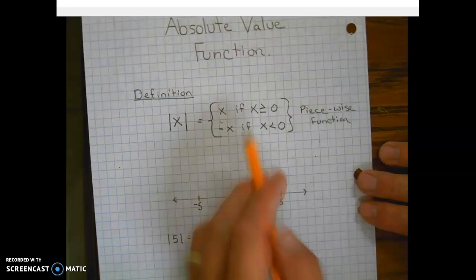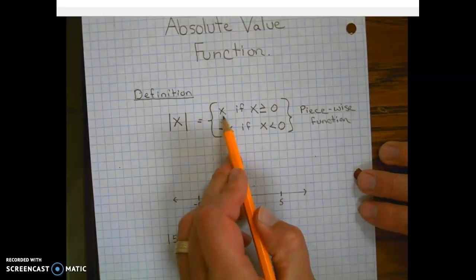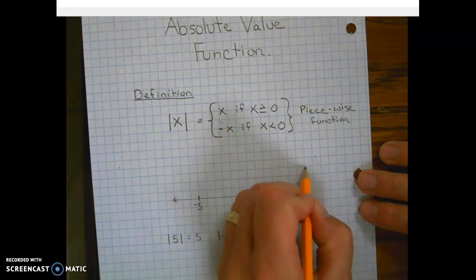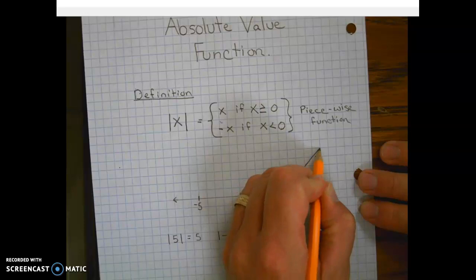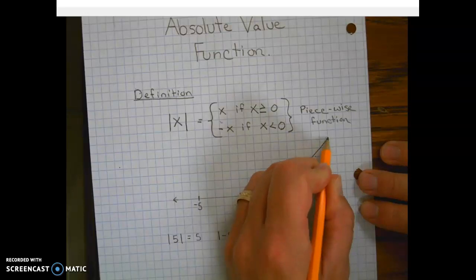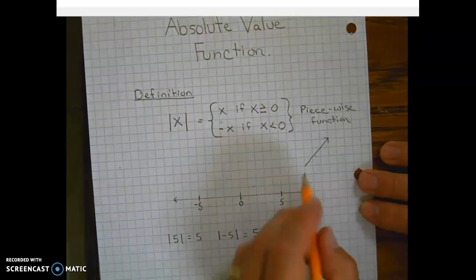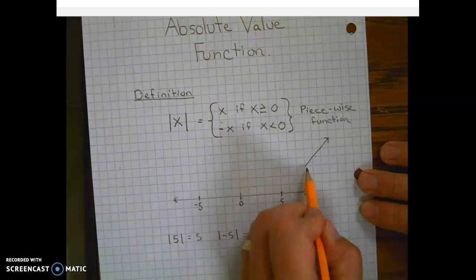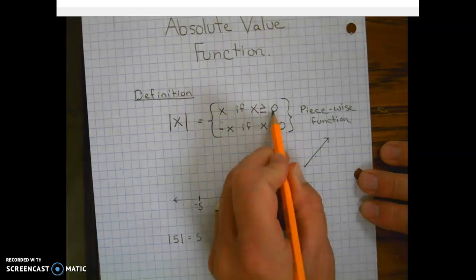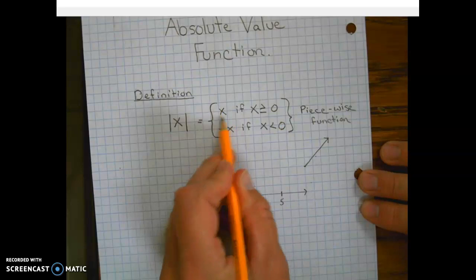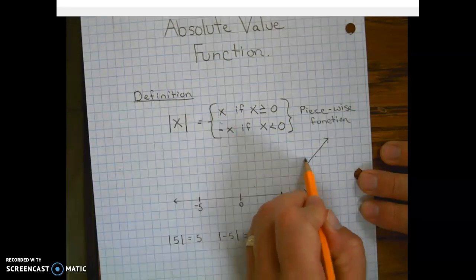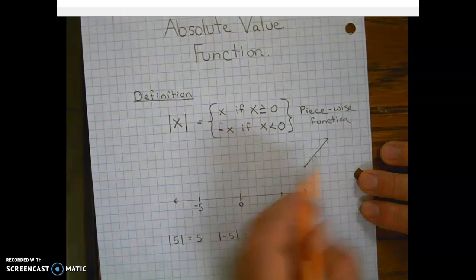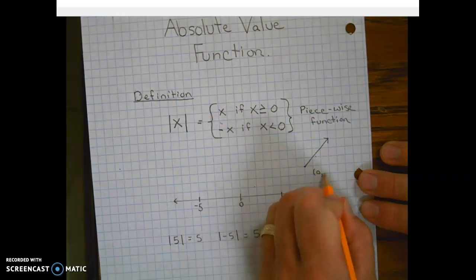So here we have x, and on a graph that would be the positive portion of our function, starting at our vertex of 0. And if you think about a line with a slope of 1, rise 1, run 1, rise 1, run 1, starting at 0, 0.